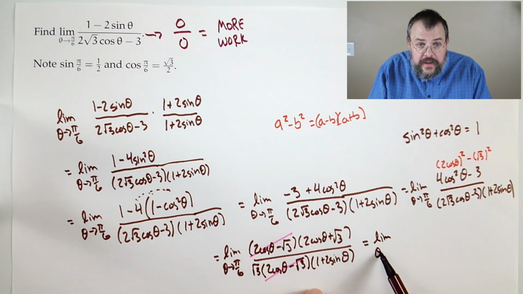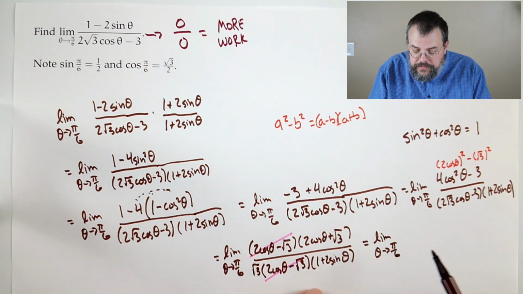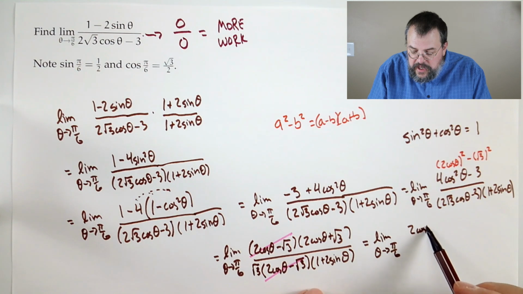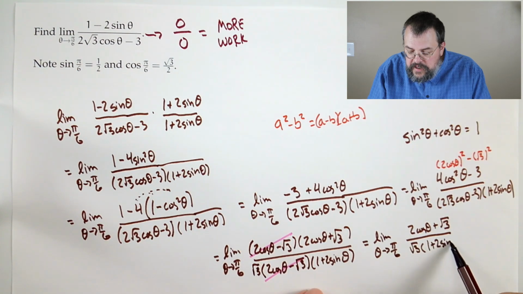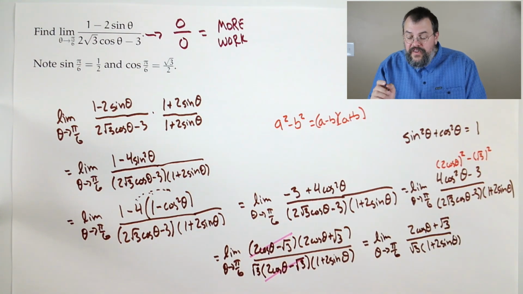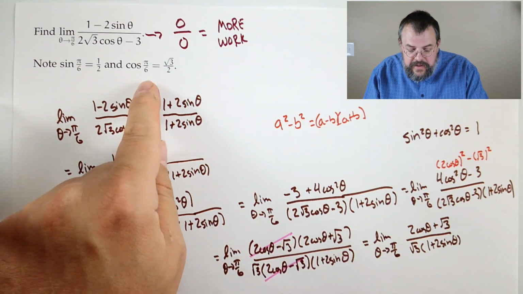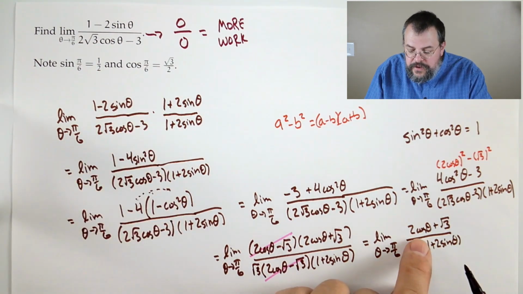The limit as theta goes to pi over 6 of 2 cosine theta plus root 3. Downstairs, root 3, 1 plus 2 sine theta. Now, plug in pi over 6. Let's hope things don't cancel. Cosine of pi over 6 is root 3 over 2.